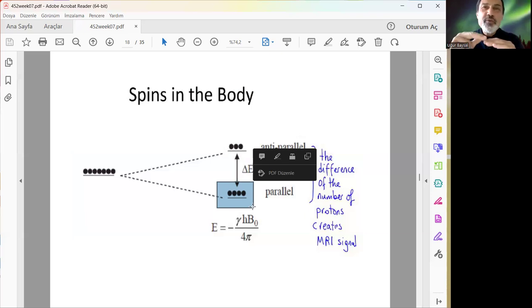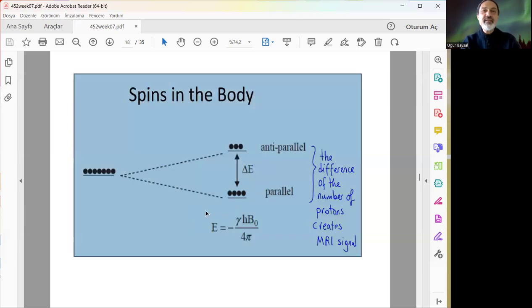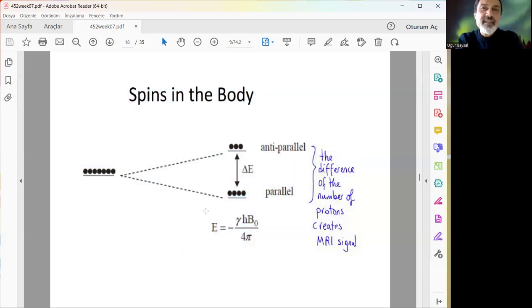So at room temperature, some nuclei gain some energy from the ambient and increase their energy to a slightly higher level, anti-align, and some of them lose their energy to be in the aligned case, and under a high DC magnetic field, there is a population slightly greater in the aligned case.